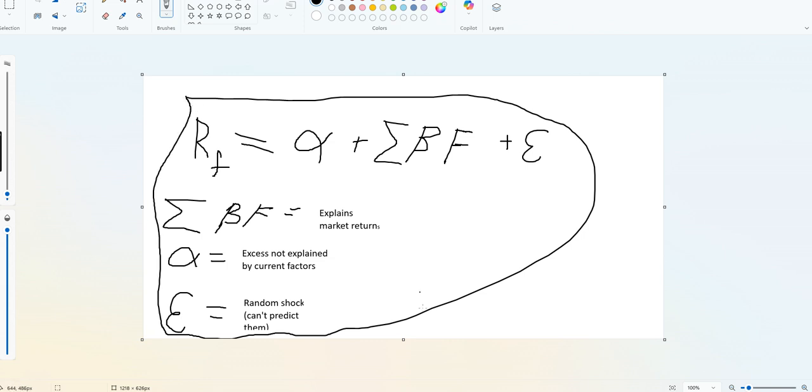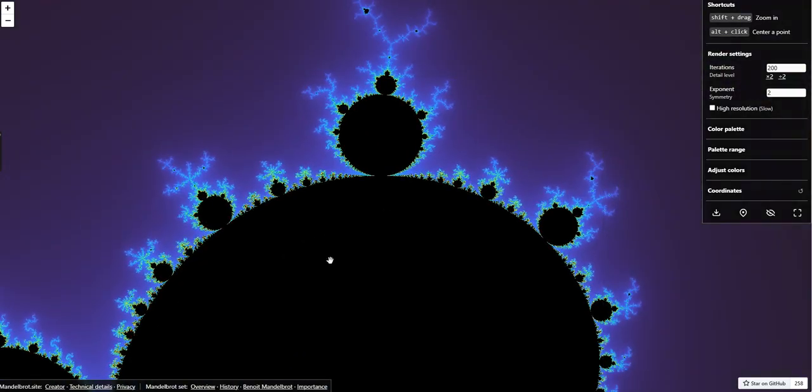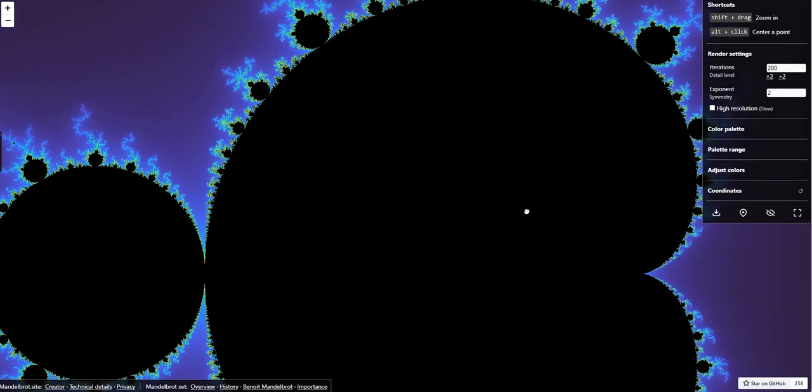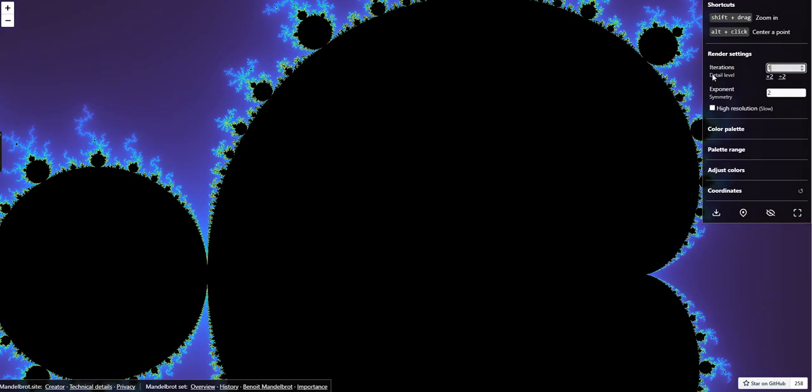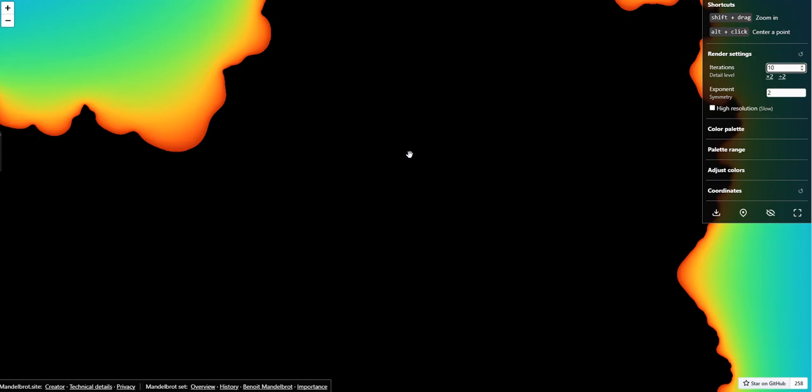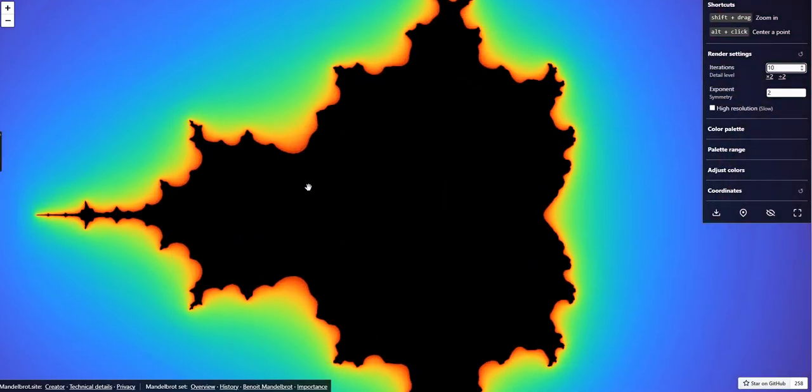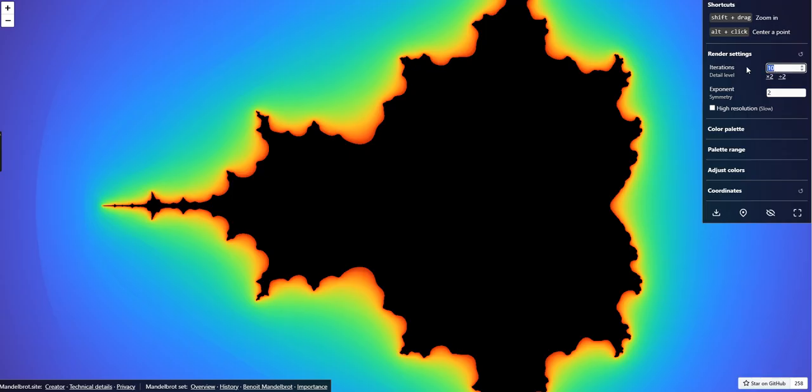So I think it's really interesting stuff. What else? What other important stuff is there to say? Let's do like 10 iterations real quick. Whoa, that looks slightly less cool. 5? Oh.